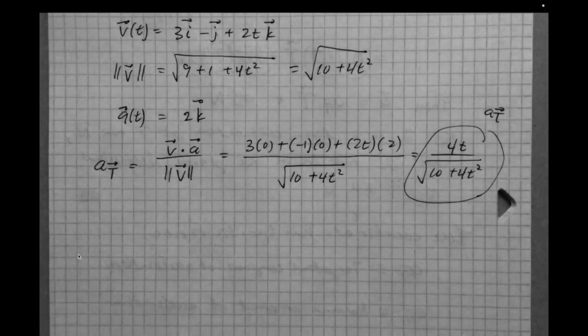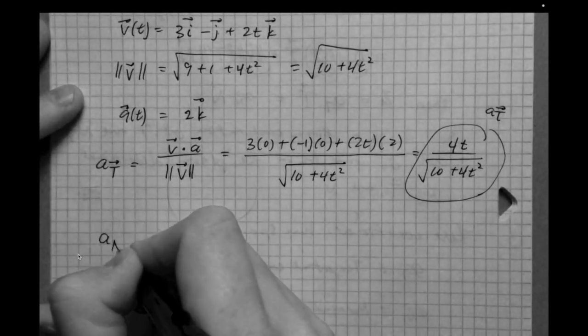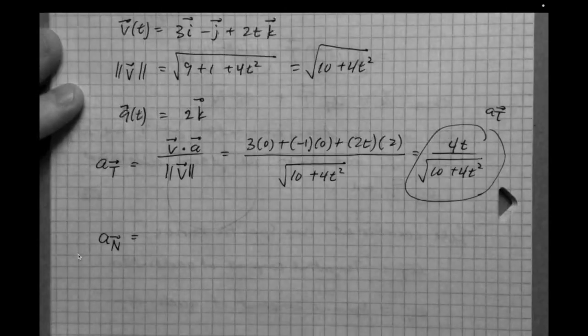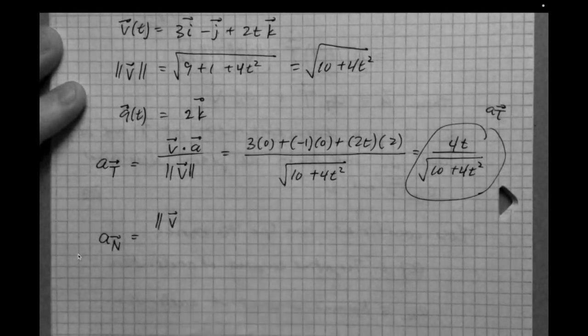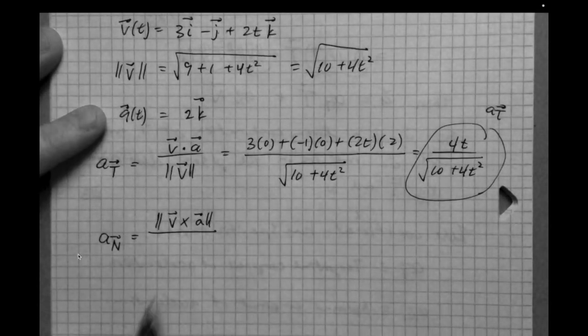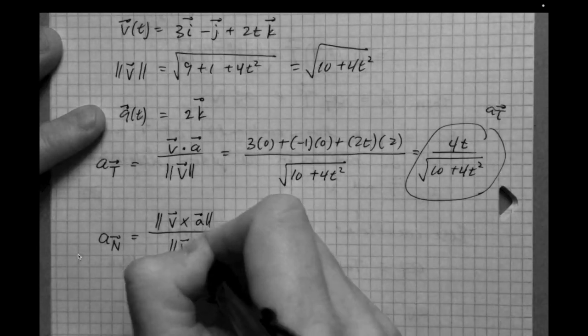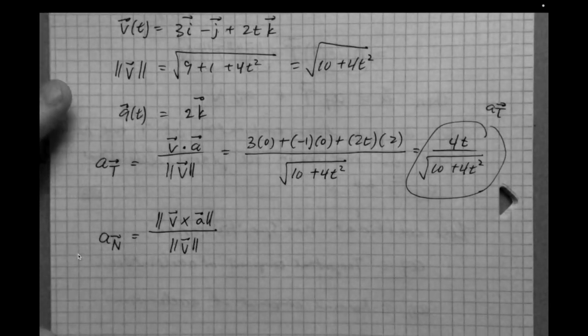Then what about the normal component? One of the ways to find the normal component is to take the velocity, cross it with acceleration, and divide by the norm of velocity. That seems like it might be the best way to do it.